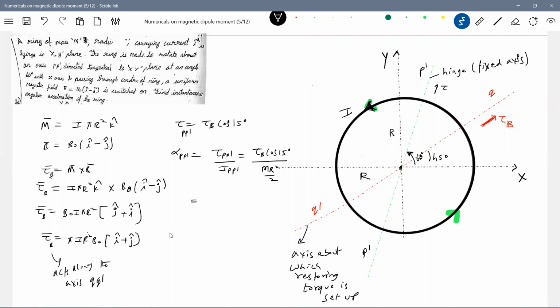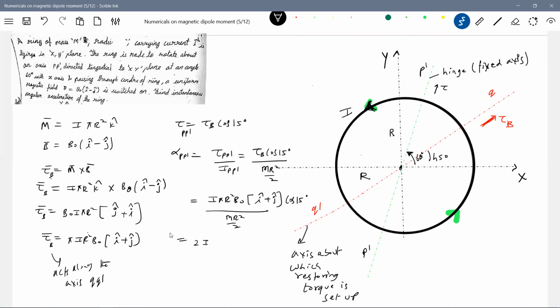We'll substitute all the values. So I pi r square B naught (I cap plus J cap) by m r square by 2, times cos 15 degrees. R square gets cancelled.